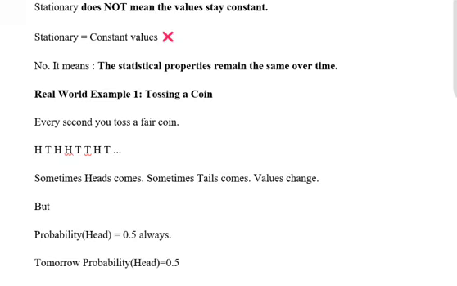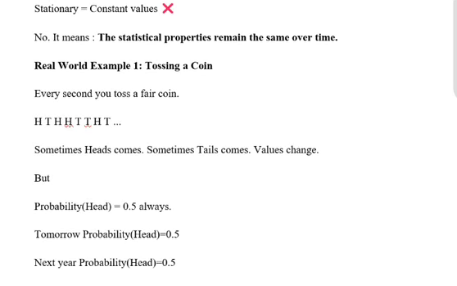For example, if I'm tossing a coin, there are just two things which can happen: either I get a head or I get a tail. I may get the head twice or thrice, and I may get the tail twice or thrice. You could even say there is a possibility of getting only heads or only tails. But while we are discussing probability, the probability of getting head is just 50 percent, and getting tail is just 50 percent.